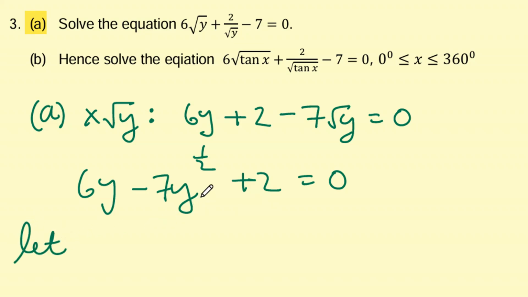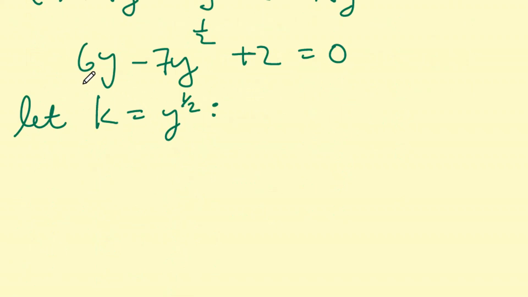So we let the middle term's variable, y to the half, equal to k. So let k equal y to the half. Now we can rewrite this equation in terms of k. If y to the half is equal to k, then y to the 1 will be k squared.